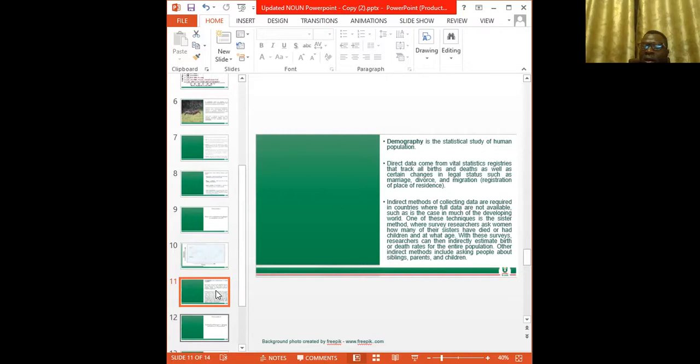And the direct data comes from vital statistical registries that track all births and deaths, as well as certain changes in legal status, such as marriage, divorce, or migration. So for one to estimate the human population, or individuals in the population, these methods become easily available to know the sizes or the number that are found in a geographical area.